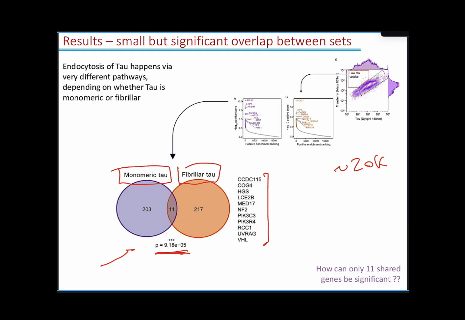So the idea here, and the authors conducted something called a hypergeometric test here. And the idea is more or less as follows. If I have a sack with 20K marbles and I take 200 out of them and I look at them, then I put them back.